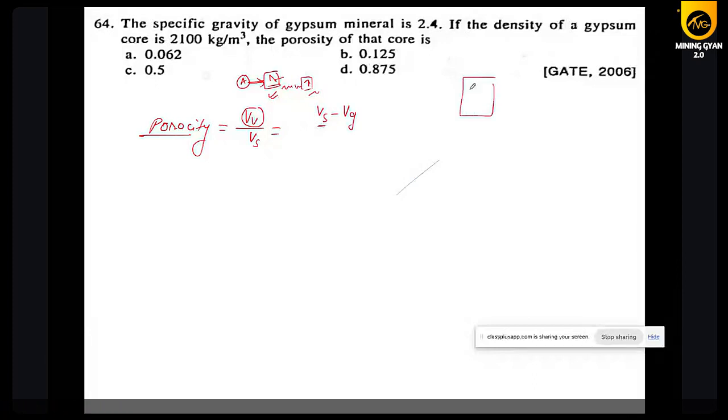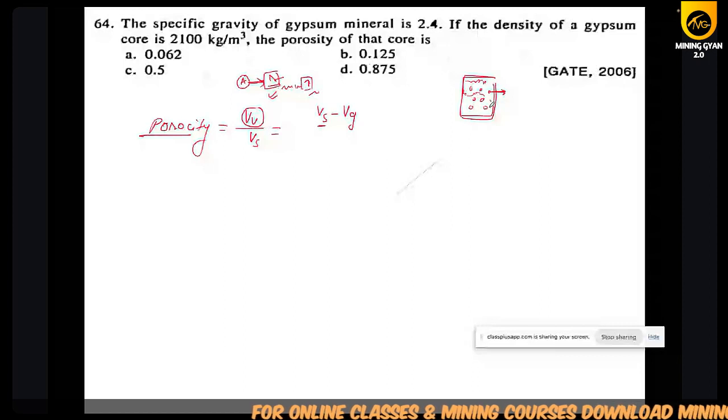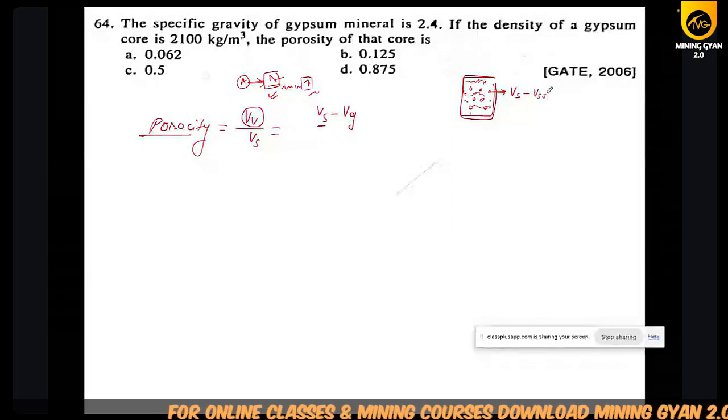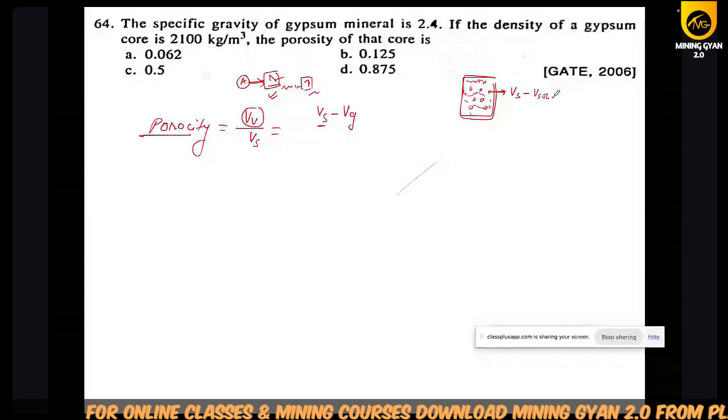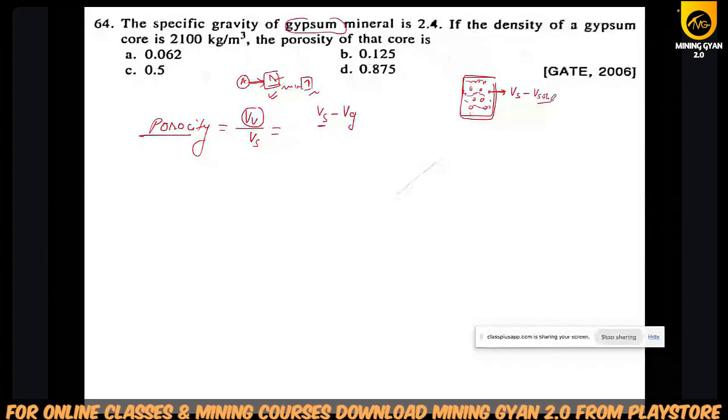If you want to find the pore volume or the holes' volume, you have to take the sample size and subtract the volume of this solid. So sample minus volume of solid, or whatever he is saying, gypsum. So you will get your void volume divided by volume of sample.